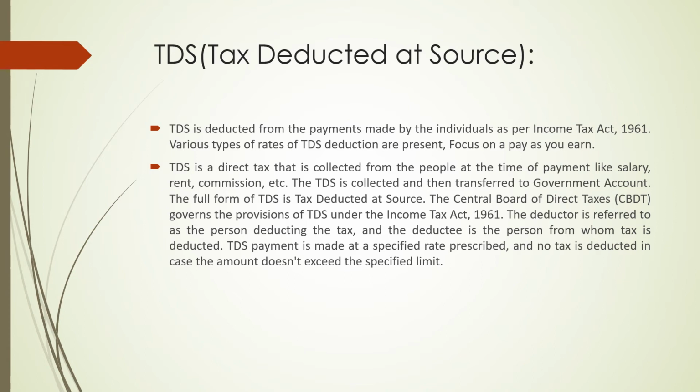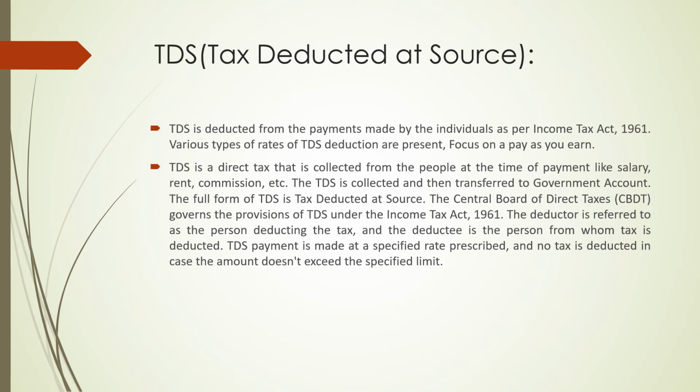The CBDT, Central Board of Direct Taxes, governs the provisions of TDS under the Income Tax Act 1961. You need to be aware of the provisions of TDS here. The deductor is the person deducting tax and the deductee is the person from whom the tax is deducted. This is the difference between deductor and deductee.